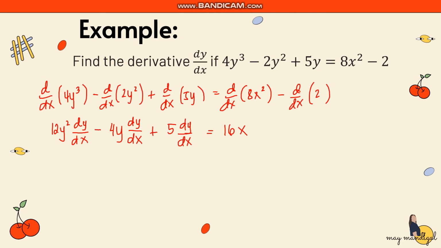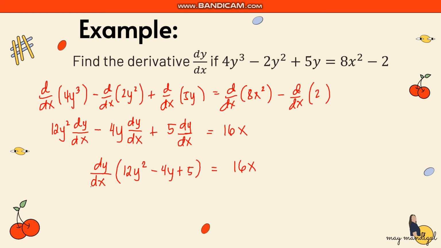But since there are three terms here and we cannot really combine them, you cannot subtract 12y squared with negative 4y, what you will do is factor out the dy over dx because all of them have this term. So you can just factor that one out, and then you have here 12y squared minus 4y plus 5 equals 16x. Because again, our goal is just to have this dy over dx on the left side.